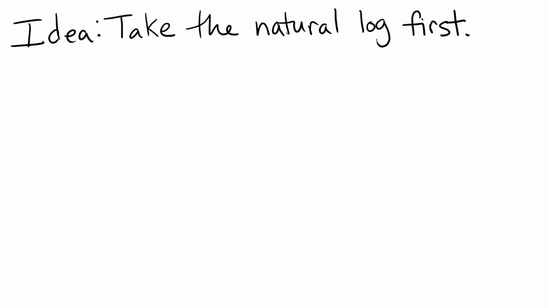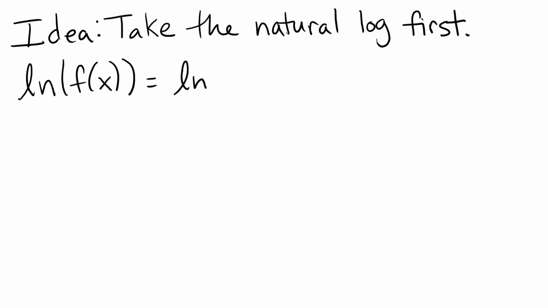So here's the idea, and it's not something you could think of in 5 minutes. You should take the natural log first. Take the natural log before you differentiate, and we'll see why that's helpful as we do it. So I want to take the natural log of f of x. That's the natural log of x to the x. And it's important that we simplify this using log rules.